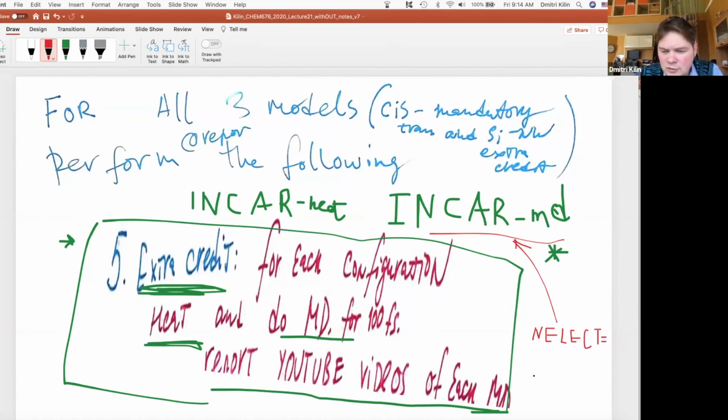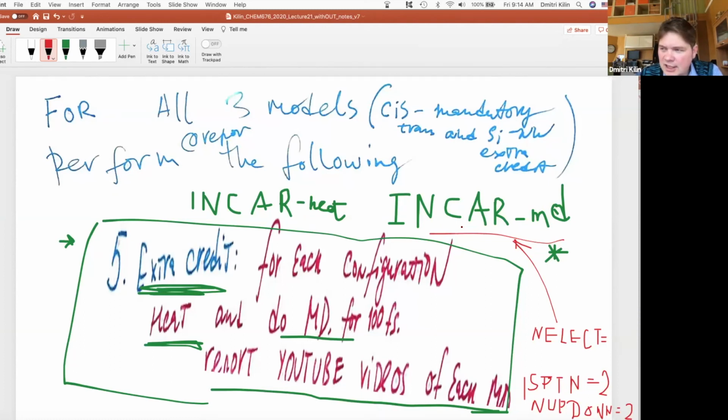If you want to do triplet, you need to add the command ISPIN equals 2, and add the command NUPDOWN equals 2. So if one doesn't add such commands into the INCAR, all molecular dynamics will look identical.